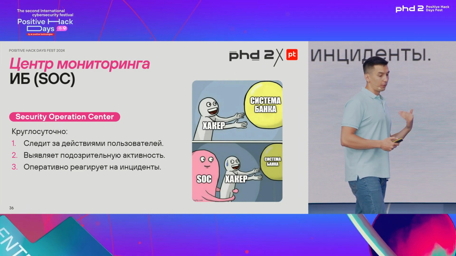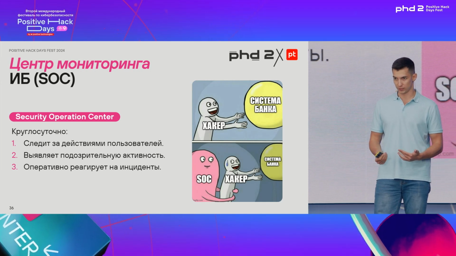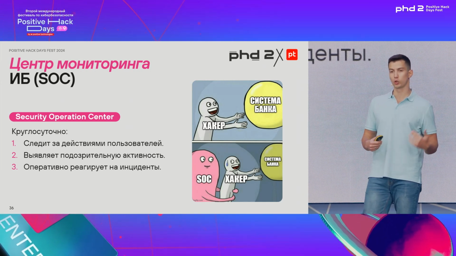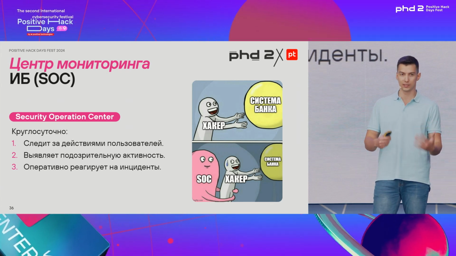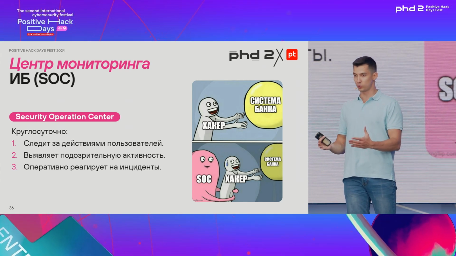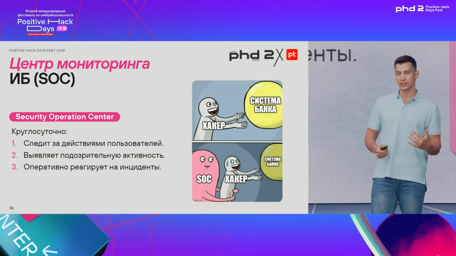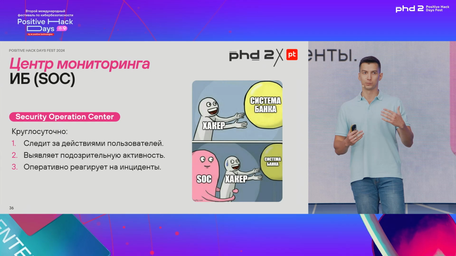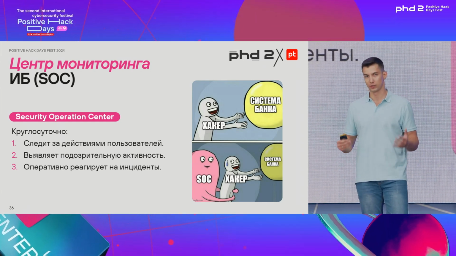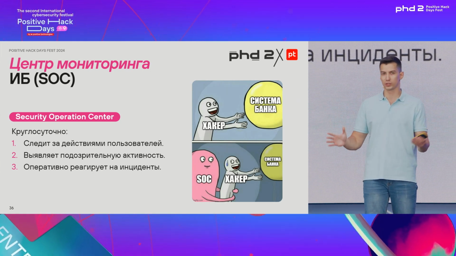There is also the so-called Security Operations Center, SOC. These are specialized people who are 24/7 watching what users are doing. They're always monitoring suspicious network activity, tracing anomalies, and in case something suspicious is taking place, they react very quickly and disconnect.